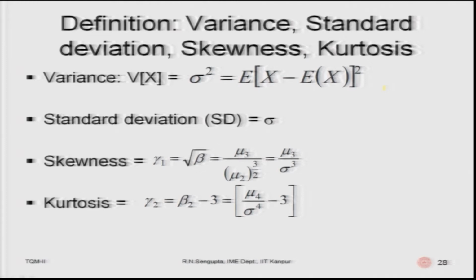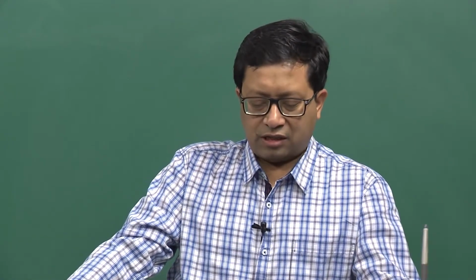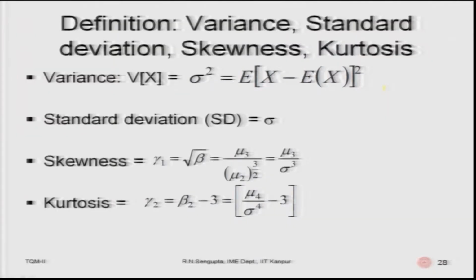In each term we take the difference between the realized value and the average value, square it, multiply by the corresponding probabilities, and add them, or add them and divide by n, whatever it is; in the continuous case it will be an integration. Standard deviation will be the square root of that, and the skewness and kurtosis are given by the formulas. I am giving them just for interest; we will utilize them if required in the later cases.